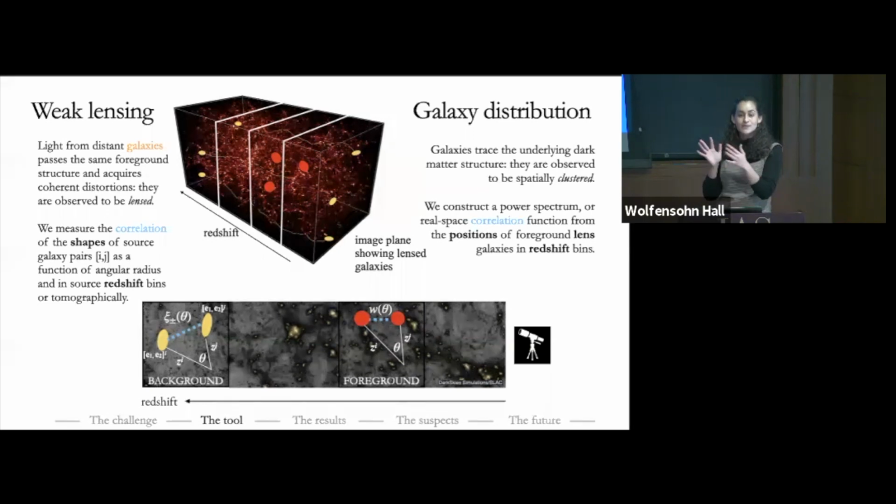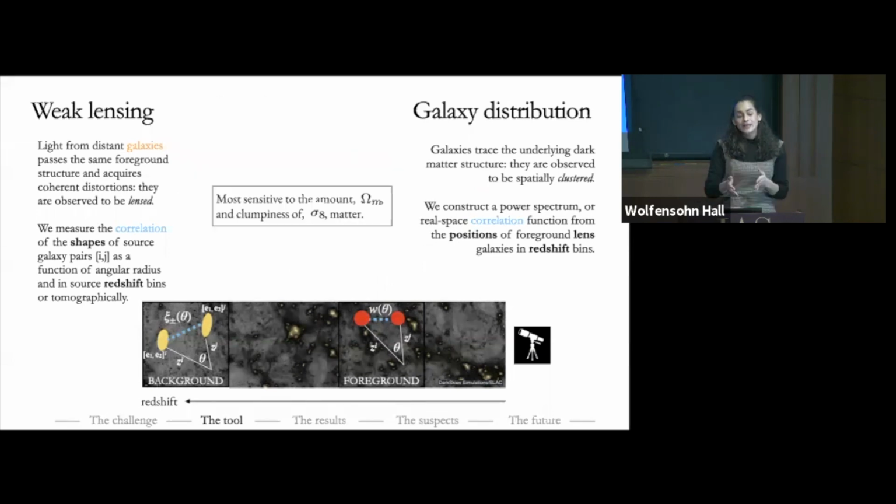So we take our observed volume and slice it up in redshift along the line of sight. That gives us these redshift bins, and that lets us boost signal to noise. So we're not just measuring the correlation functions between all of the galaxies, but between one bin of galaxies with itself or with other bins in the volume. Doing this boosts signal to noise, but it also allows us to see how structure has evolved with redshift and constrain dark energy.